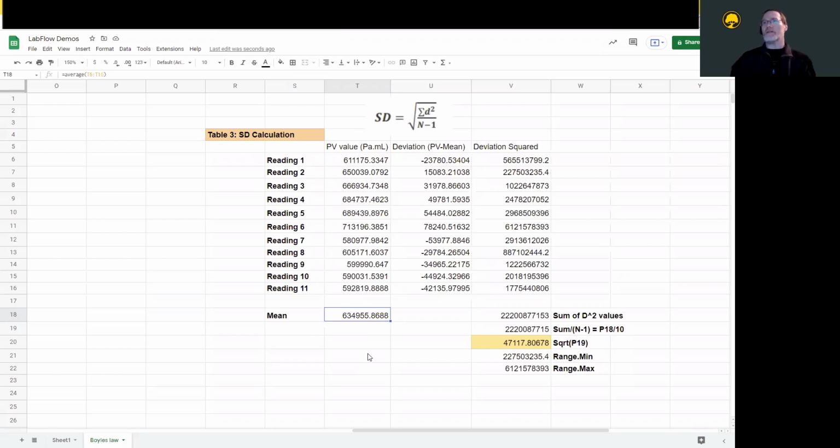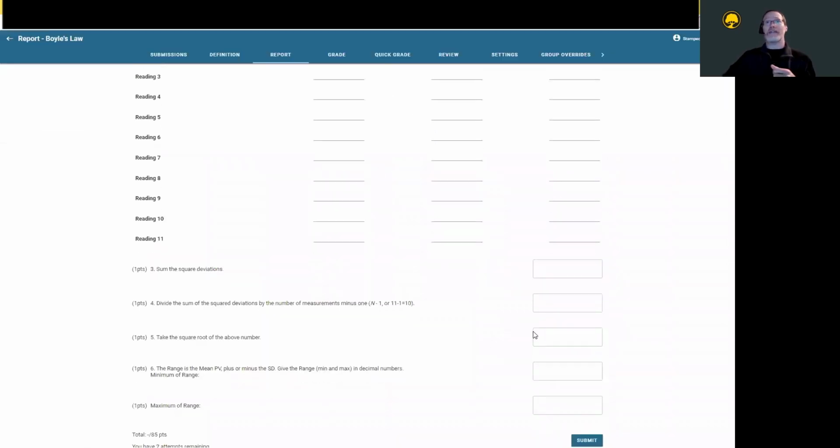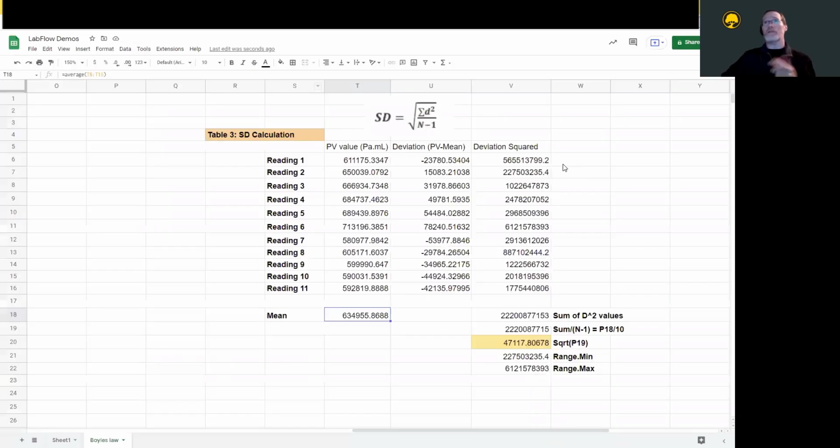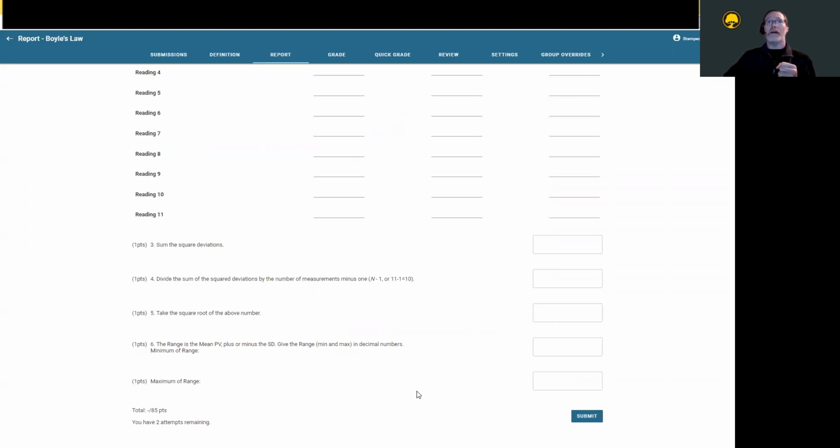We also like to include a range. And so the last couple of questions on here ask you to do the range, minimum and maximum. Sorry, wrong. I had to look at the way this is written.